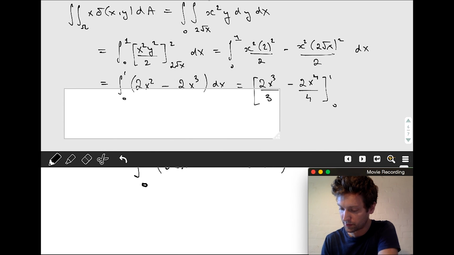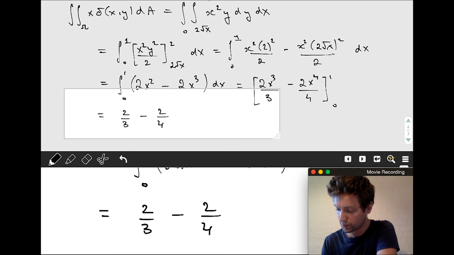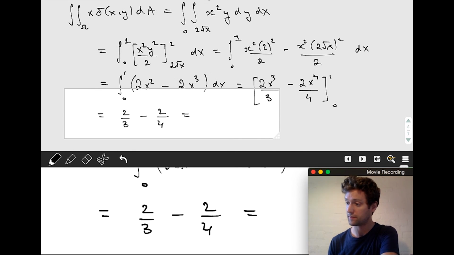So that's going to be equal to 2/3 minus 2 over 4, or 2/3 minus a half.